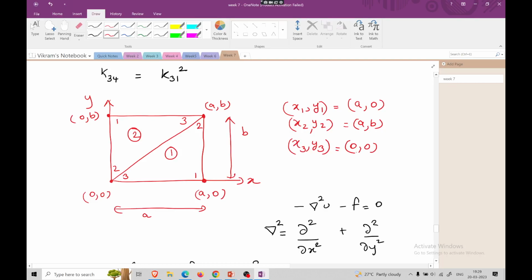What is y2? b. Oh, sorry, this is not beta 2, this will be beta 1, because for S11, I and j both are 1, beta 1 will be y2 minus y3. So y2 minus y3 is b. So it will be simply b square into dx dy. If I take this b square by 4a square out, what will be the integral of dx dy over the element?